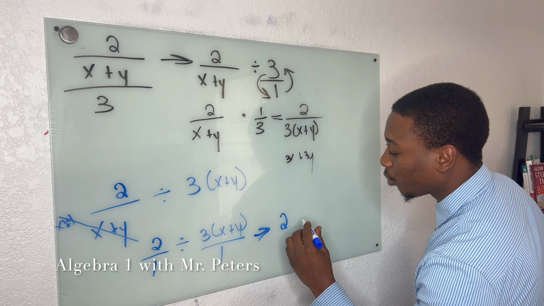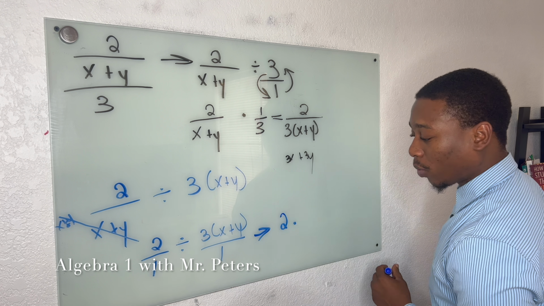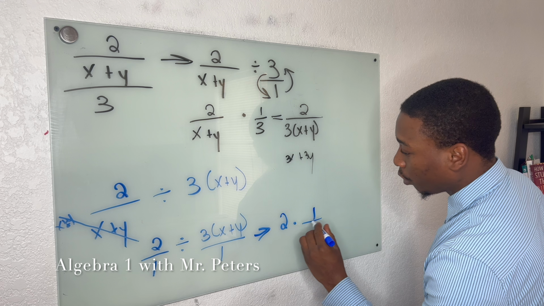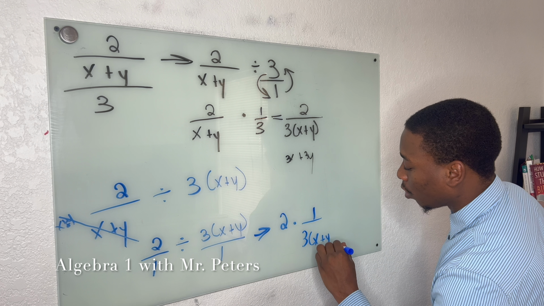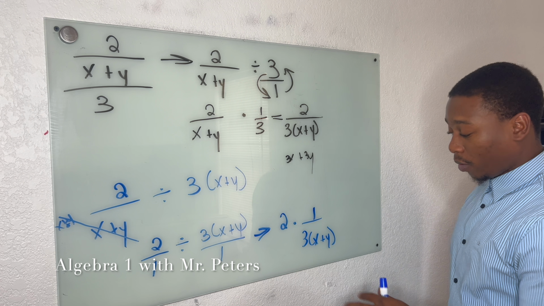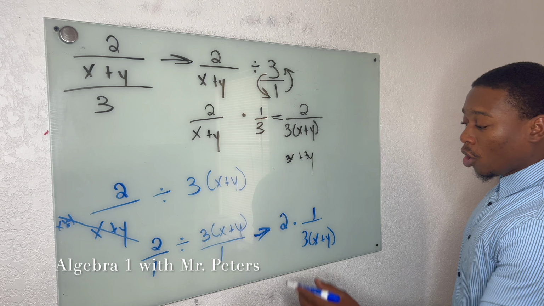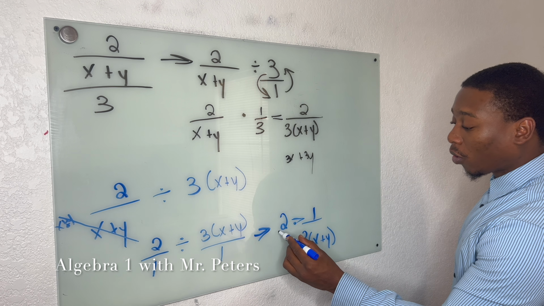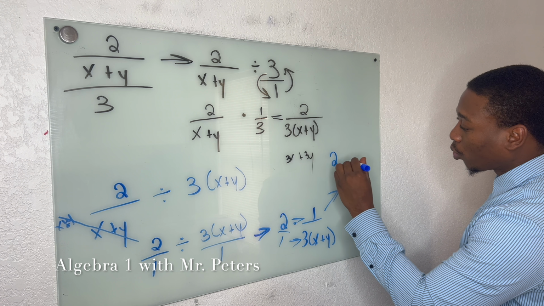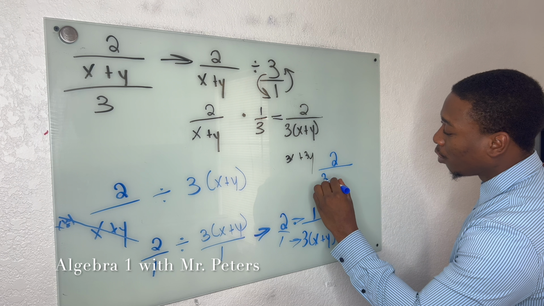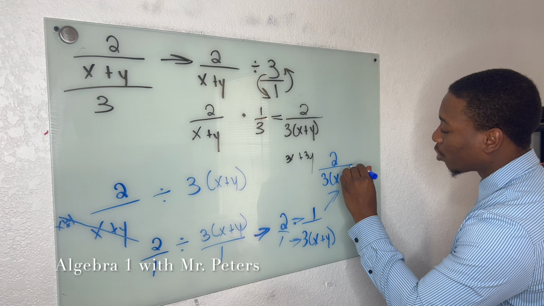So now we have 2 multiplied by 1 over 3 times x plus y, right? When we simplify and multiply straight across, we're going to get the same answer, which will be 2 divided by 3 times x plus y.